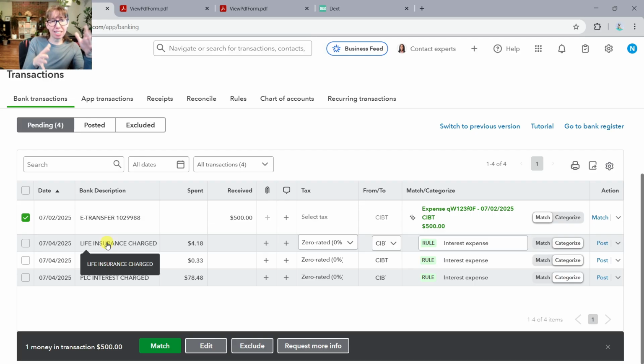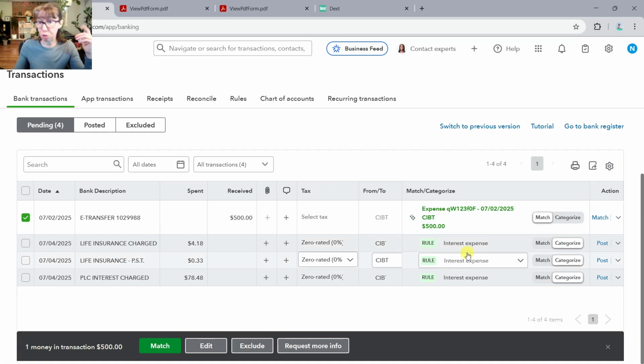But I did discuss how life insurance, if the beneficiary is somebody other than something related to the business, is not actually a claimable expense for the business. But this insurance is related only to the line of credit. So if the business owner dies, this insurance pays off the line of credit that is 100% used for business. So I'm just bulking that expense into interest expense.